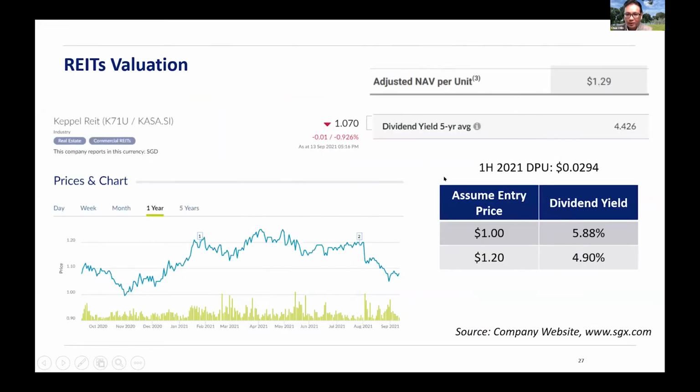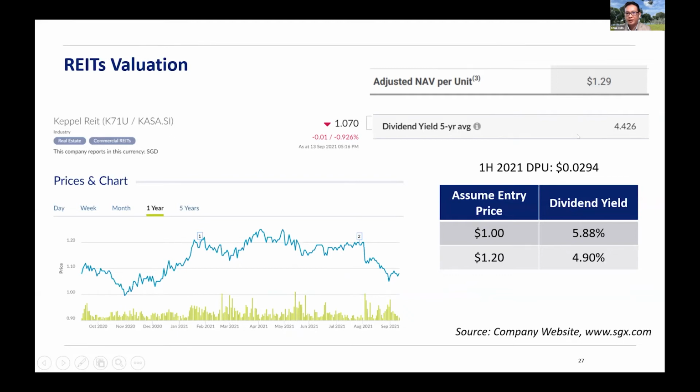So next, we talked about the dividend yield. This is the price. I actually did these slides 3 days ago. This is what I have done here.